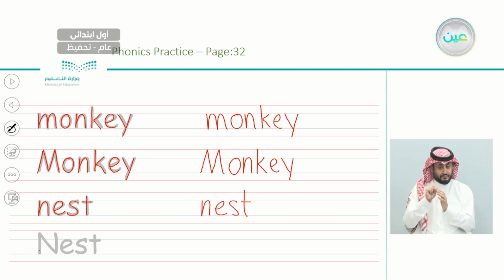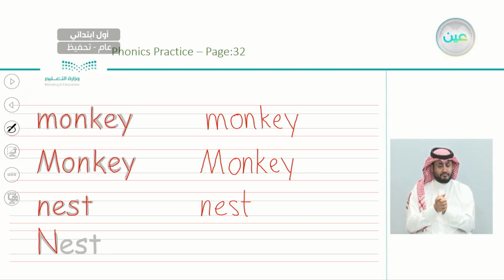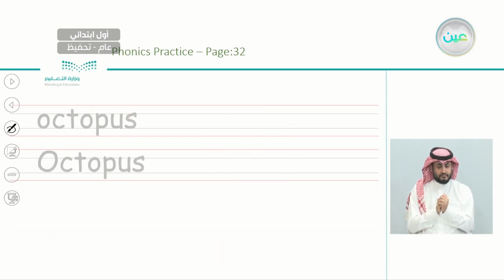Start from line number 3 to number 1, like this. After that, we have E, S, then T. Let's write it one more time. N, E, S, then we have T here. Excellent.